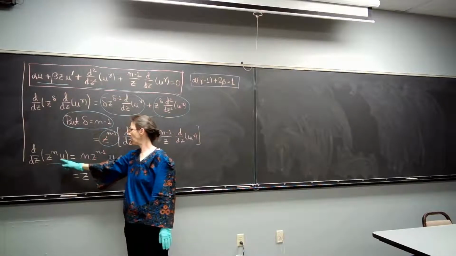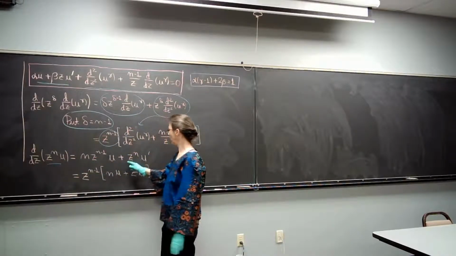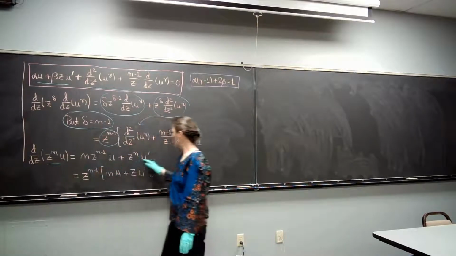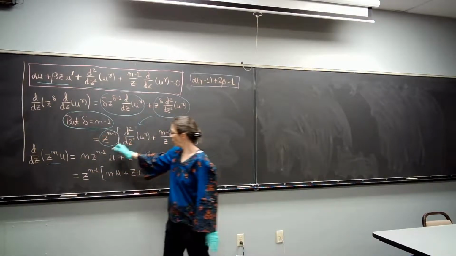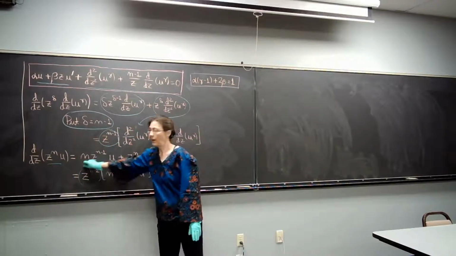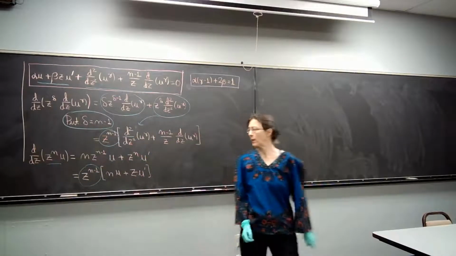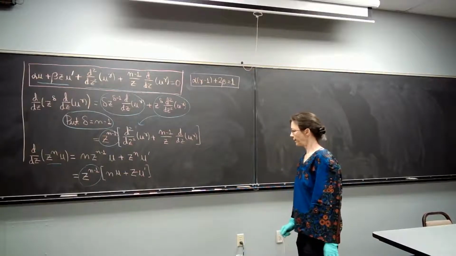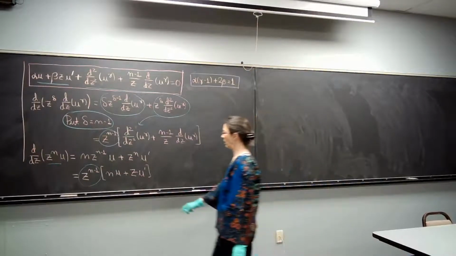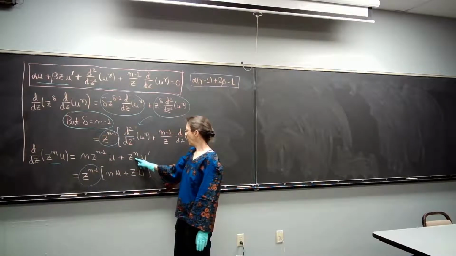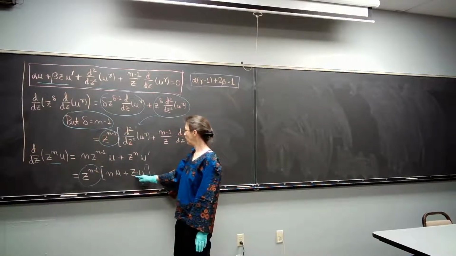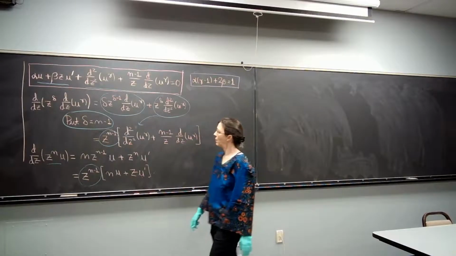Derivative of the first, leave the second one alone, plus leave the first one alone, take the derivative of the second. You're factoring out z to the n minus 1. So here you're left with n times u. If you factor out z to the n, you're left with z times u prime.